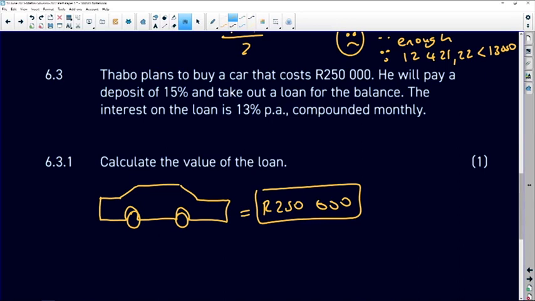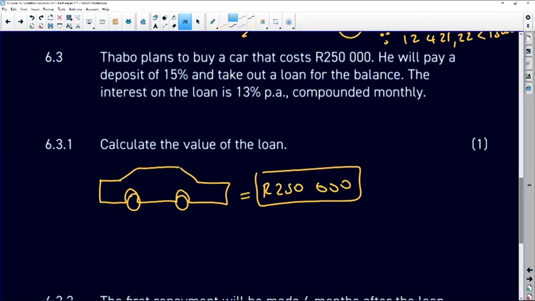Instead, he has 15% of what they want. And then he's going to borrow the other money from somebody else, maybe a bank or any other financial institution that is willing to lend him the cash. So how is he going to pay? Well, he's going to give them 15% and then pay the loan by making multiple payments later.